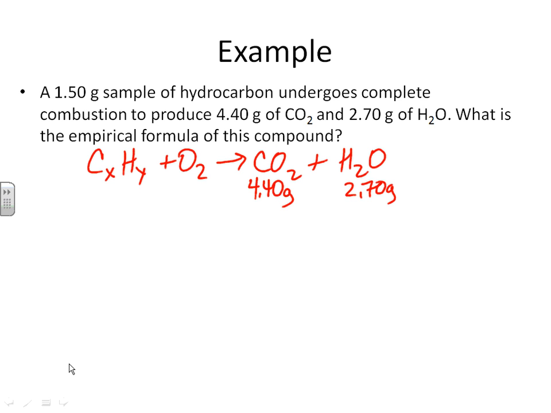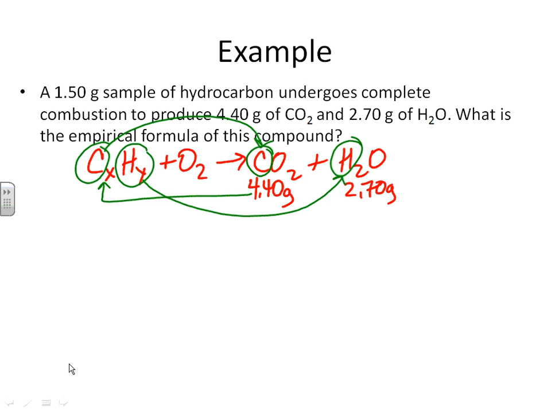Again, in the combustion analysis problem, key to solving it is the realization that all of this C becomes all of that C, and all of this H becomes all of that H. Because then, that right there will allow us to work with these numbers, to work backwards, to essentially figure out these values.